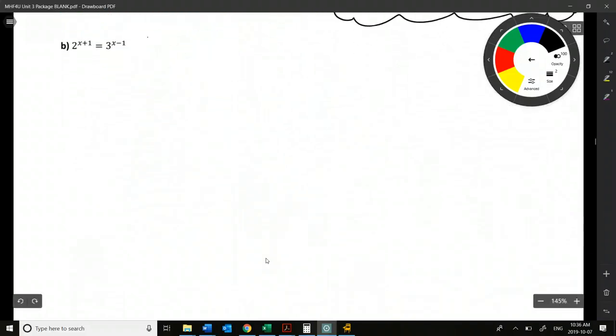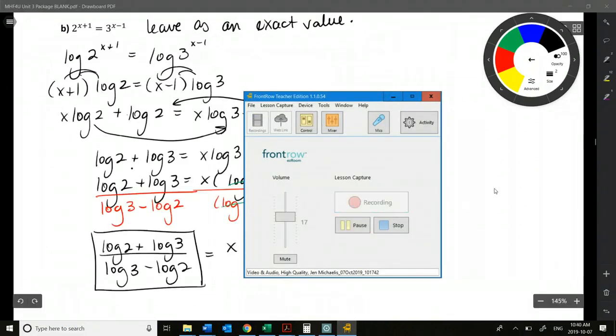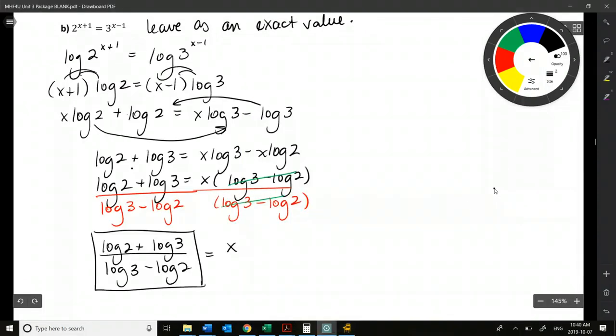So for this one, I'm going to have you leave as an exact value. You guys take a couple seconds, and I want you to see if you can solve this one in the video here. Okay, so you may notice that as I was solving, instead of moving all the x's to the left, I moved them to the right. The reason I did this is because usually in my solving process, I try to eliminate as many negatives as possible.